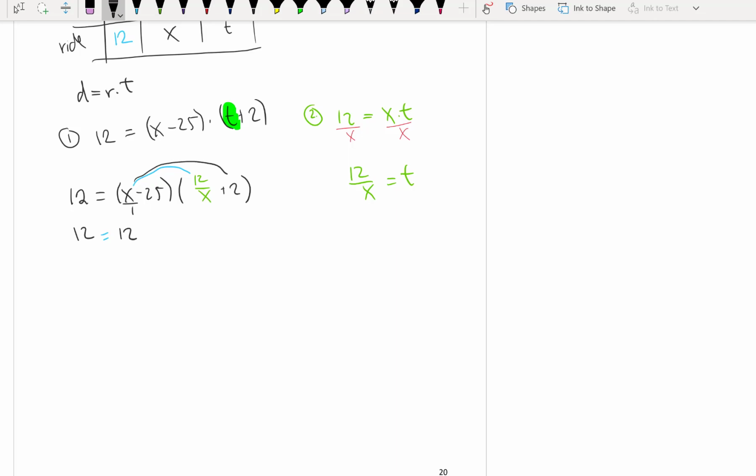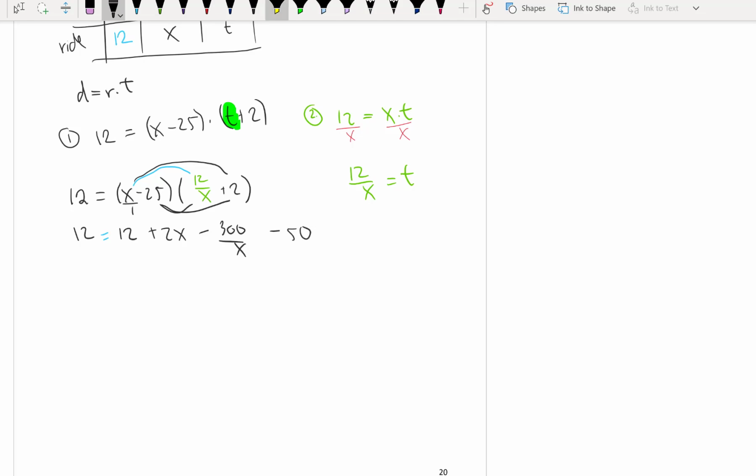The next thing I want to do is I'm going to have a positive 2x, and over here I'm going to have 25 times 12, and that's going to be 300 divided by x. And then I'll have a subtraction, because negative 25 times 2 is a negative 50.